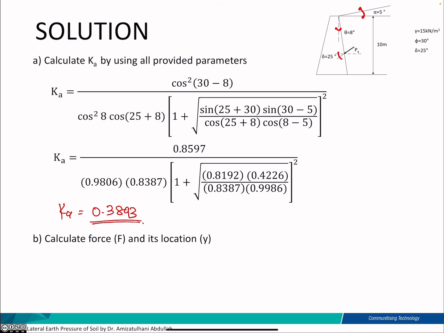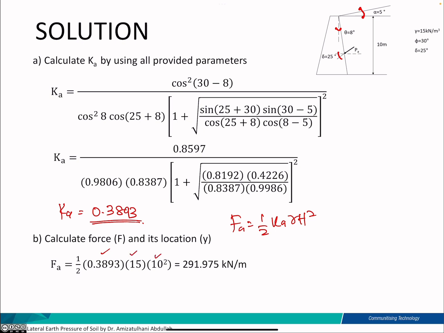The Coulomb theory is quite simplified, and it's ignoring the effects of the groundwater table. Okay. And then at the end of the day, nak cari dia force dia. So come back with the formula Fa equals to setengah kali Ka kali gamma kali H kuasa 2. And then you will fill in this value. And lastly, you will get the location.